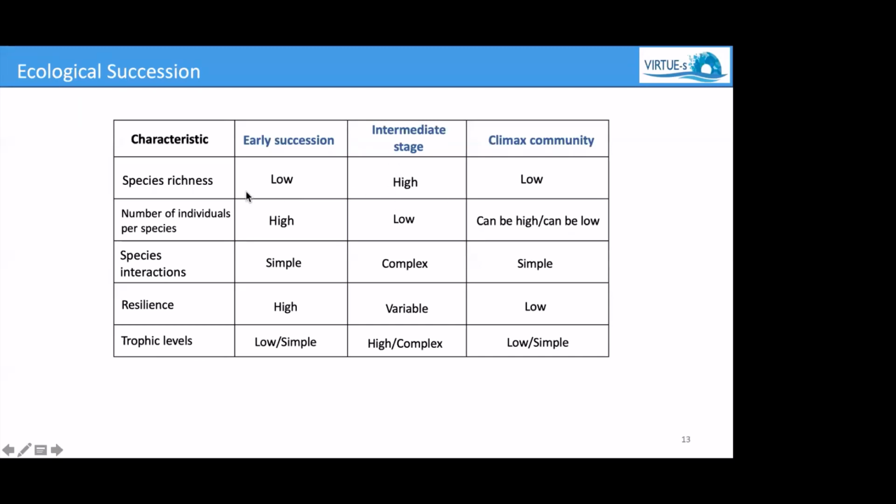Because there is an overlap: you will have some species still from the early succession stage, and the same thing here, you will already have some organisms from the climax community growing in the intermediate stage.